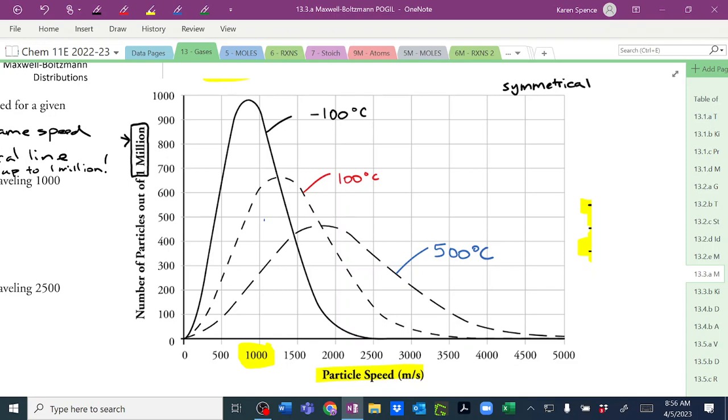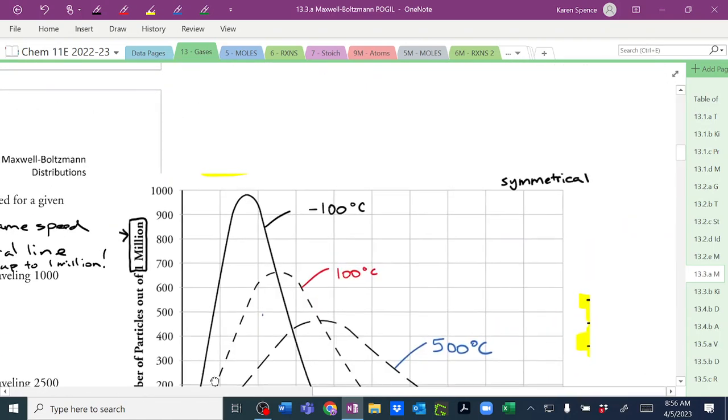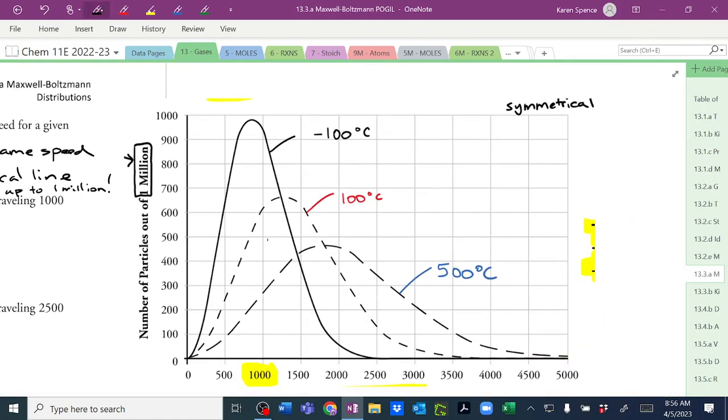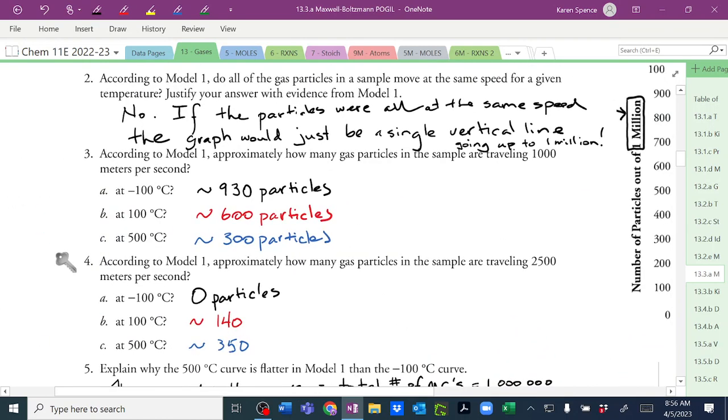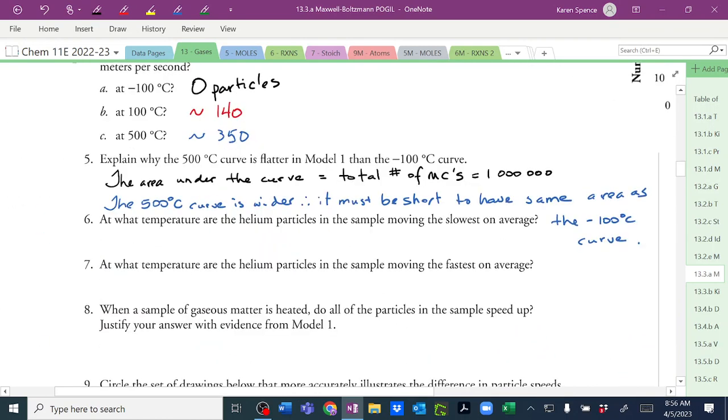Negative 100, okay? That's pretty straightforward because you've got a peak here, and as we get to higher temperatures, our peak moves to higher and higher speeds. So that would be negative 100 degrees Celsius. At which are they moving the fastest? That would be at 500 degrees Celsius.